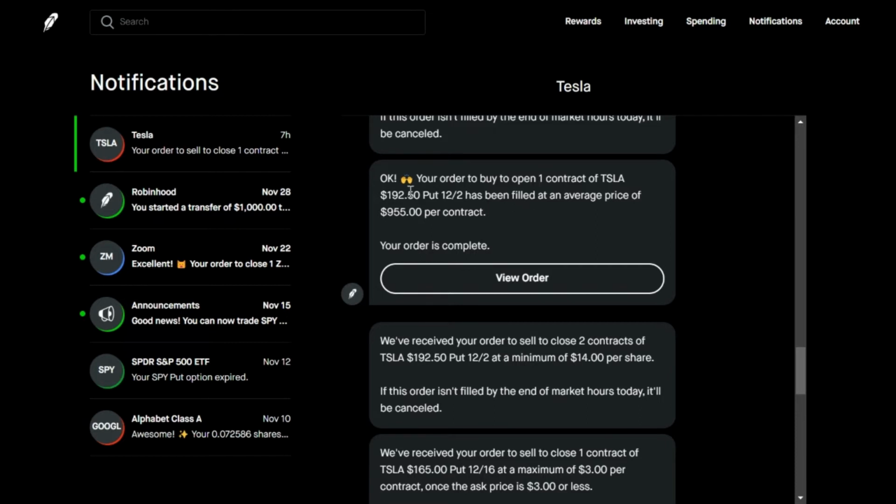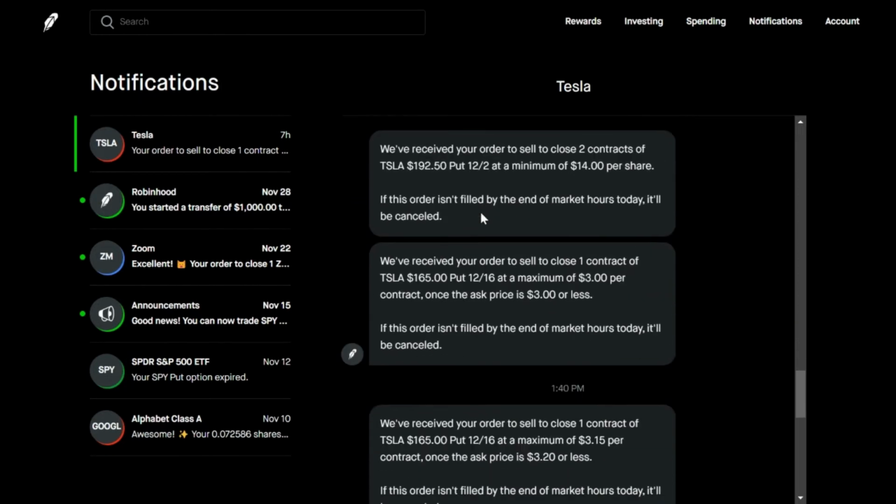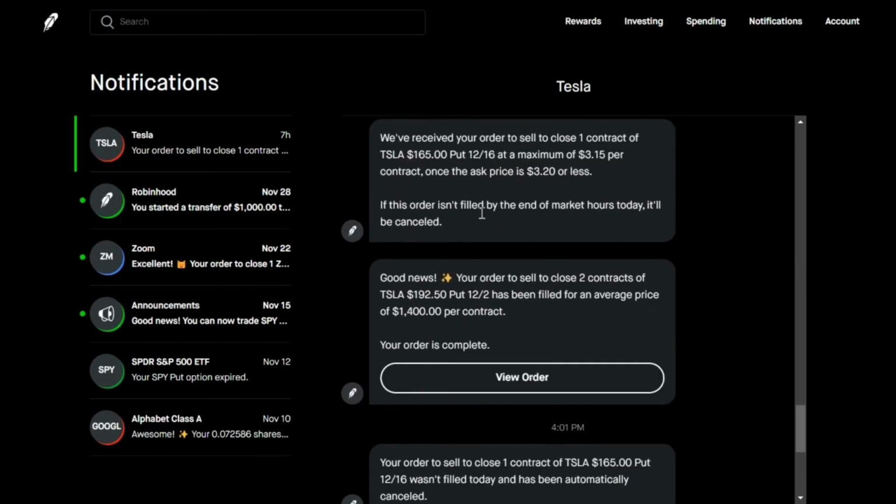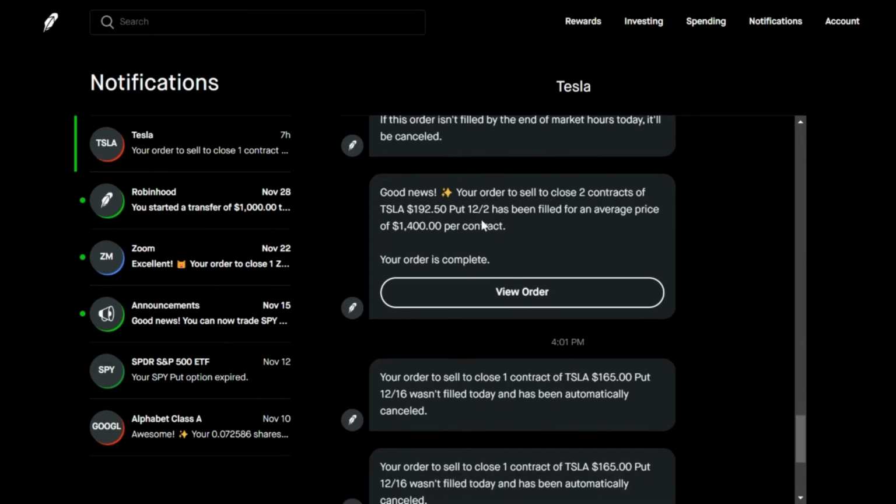And this morning I bought another Tesla put at 955, and today around 145 or something, I closed both the Tesla puts which were open, at $14.